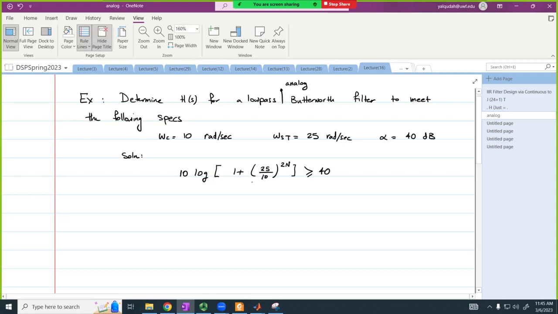Therefore, we want 2.5 to the power of 2n to be greater than or equal to 10 to the 40 over 10 minus 1. And therefore, we want 2.5 to the power of 2n to be greater than or equal to 9,999.